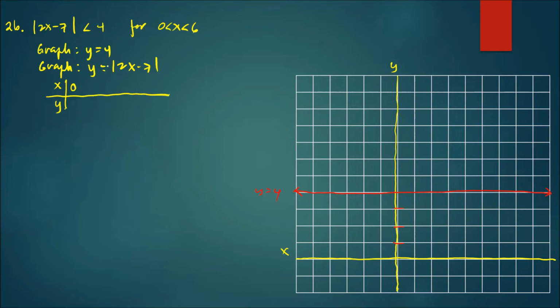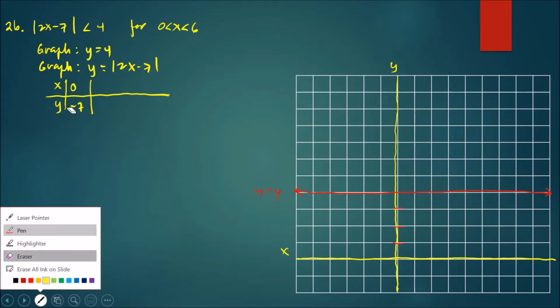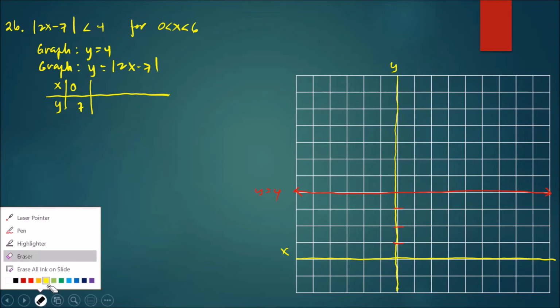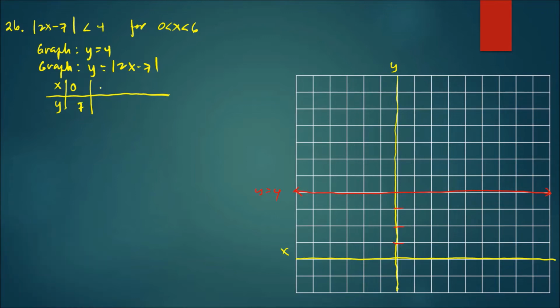If x is 0, then y is equal to negative 7, right? Oh, it's not negative, it should be positive because it's always the absolute value. You are getting the modulus. Yes, it should be positive 7. All right. If y is 0, then we'll solve for x. So that would be 7 by 2.